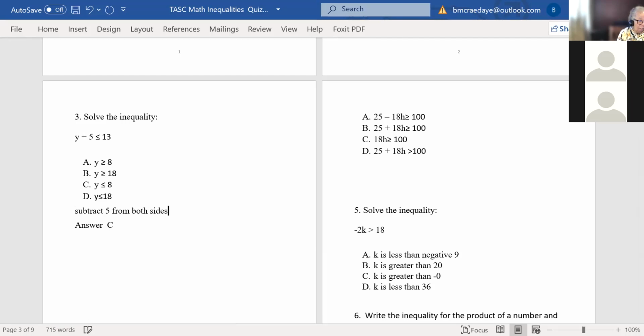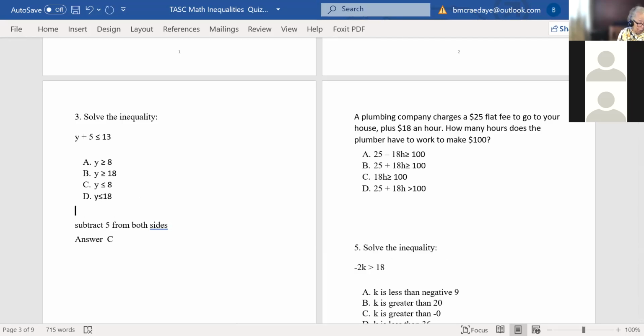Okay, so we took this inequality. Let me just copy that.